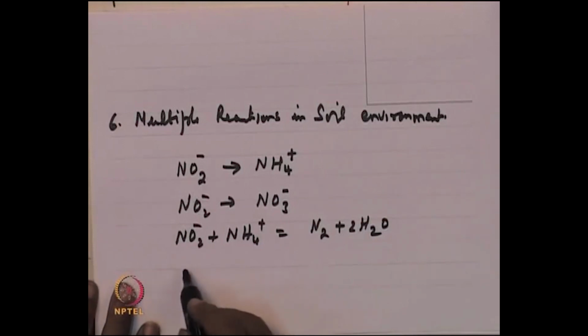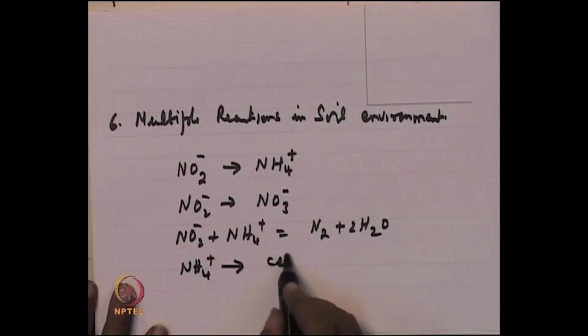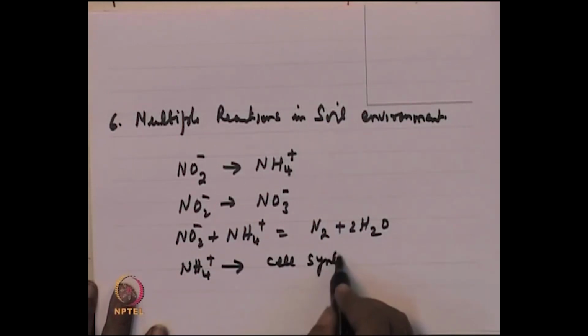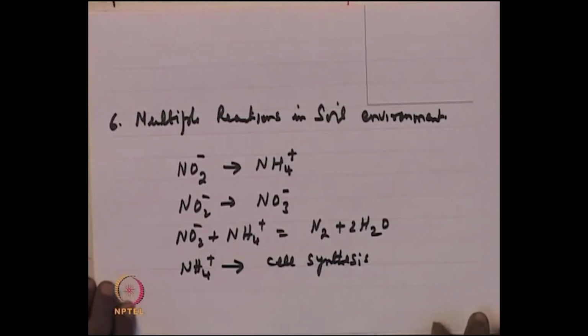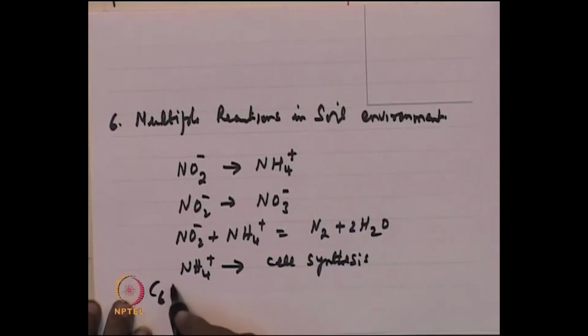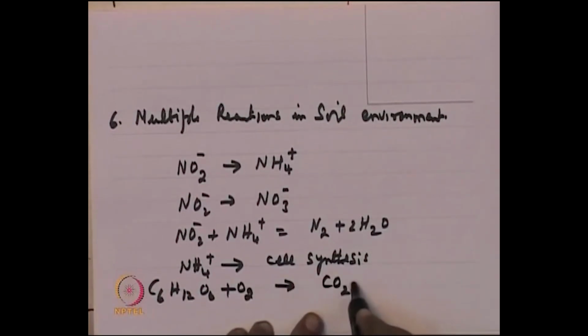And then we could also have a situation that the NH4 plus formed in reaction 1 goes for cell synthesis. How does it happen? This ammonium nitrogen is incorporated into cells due to various reactions that happen in the soil environment. Of course, you could also have a situation that the carbohydrate gets oxidized to give you carbon dioxide and water plus energy.